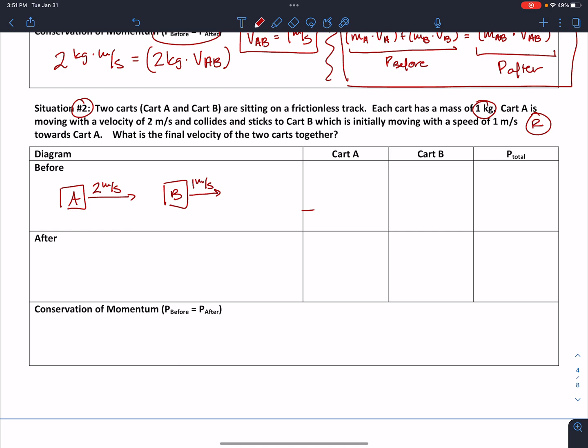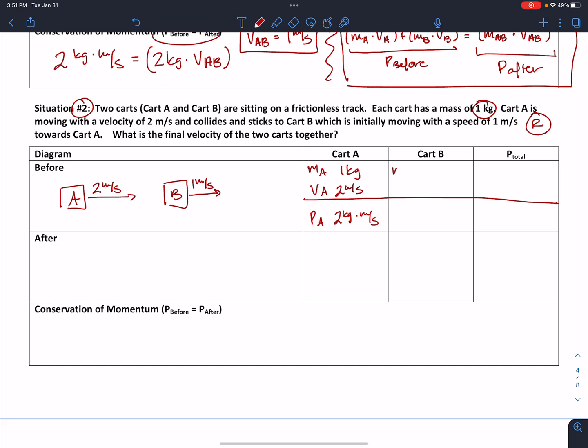So we come over here and set up our momentum chart. We've got a mass of A of 1 kilogram, velocity A of 2 meters per second, which gives us an initial momentum of 2 kilograms times meters per second.